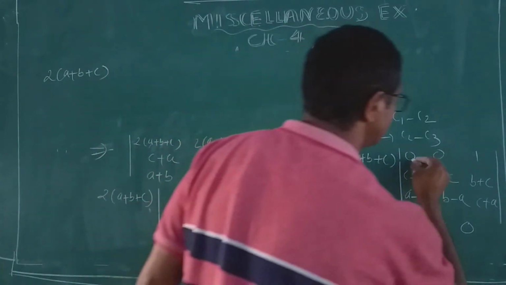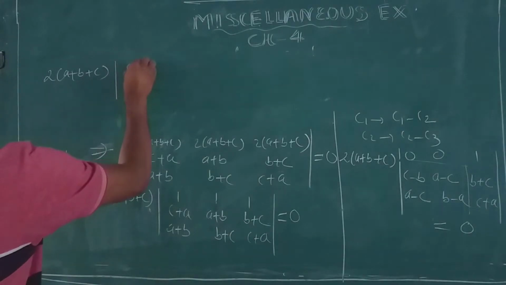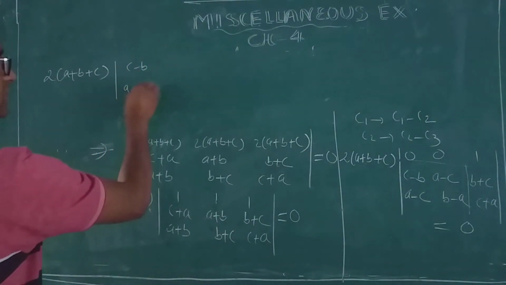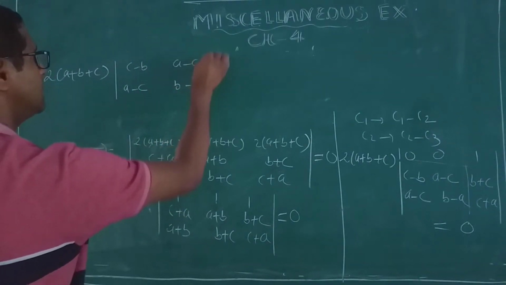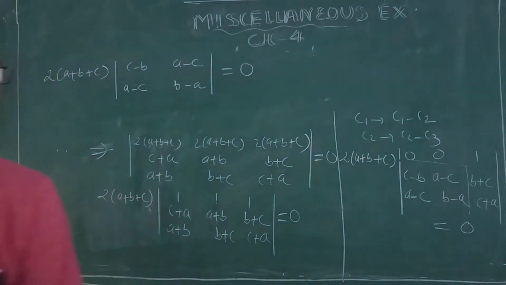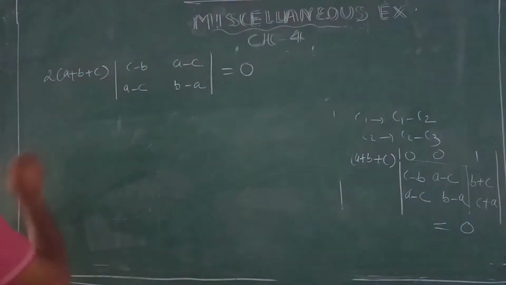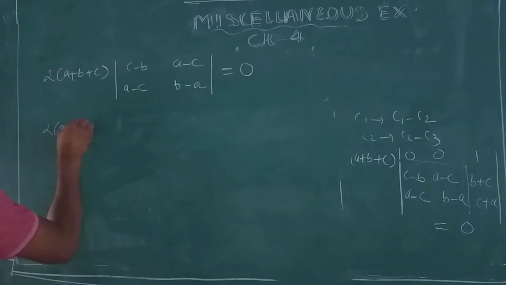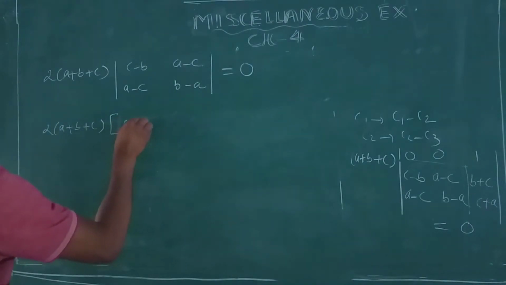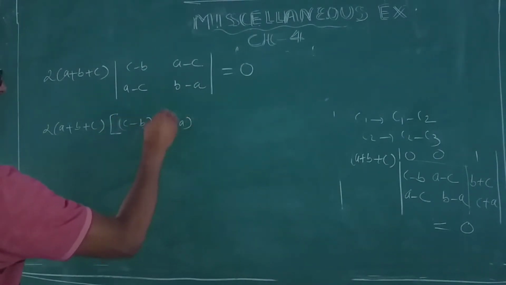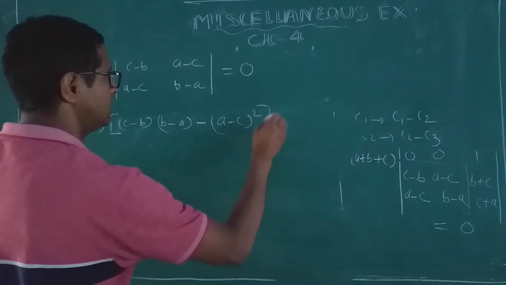After expanding with respect to the first row, it will be (c minus b), (a minus c), (a minus c), (b minus a) equal to 0. Now solve this. Okay, twice (a plus b plus c), inside the bracket, (c minus b)(b minus a) minus (a minus c)(a minus c) equal to 0.